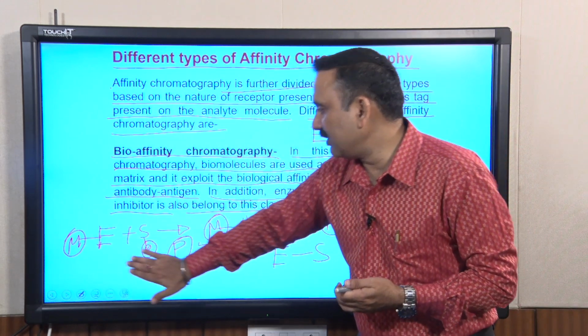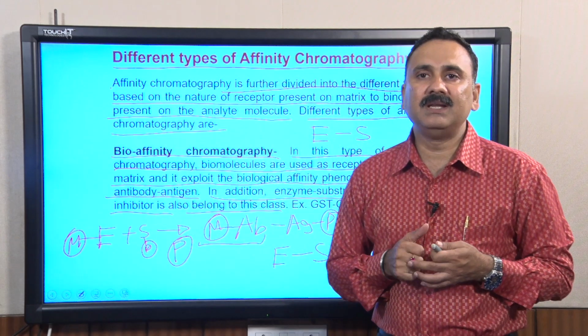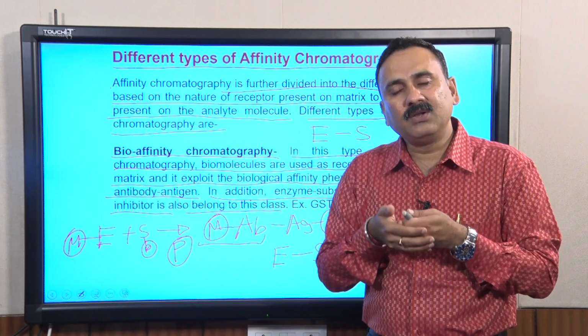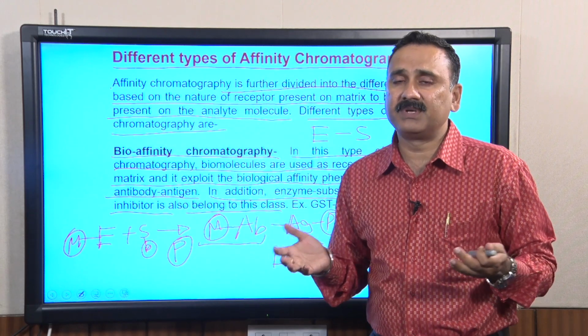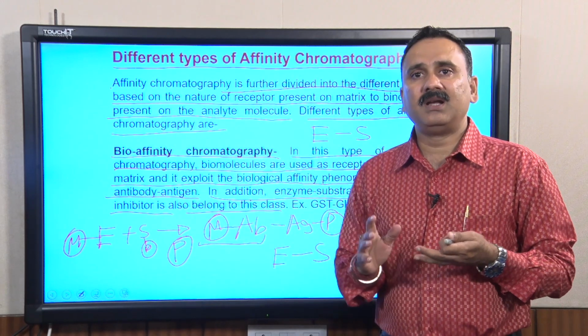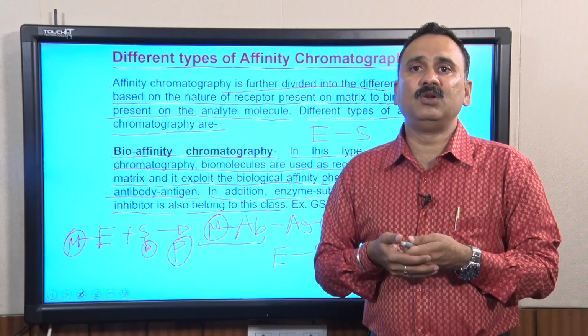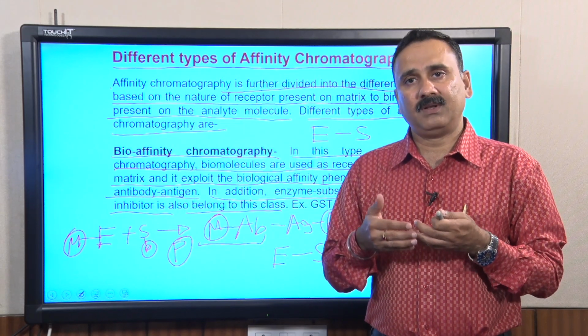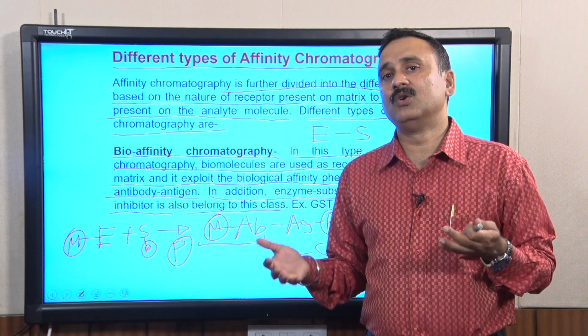If you use this kind of combination, the substrate will bind to the enzyme, the enzyme will process the substrate and generate the product, and ultimately it is not going to bind your protein.